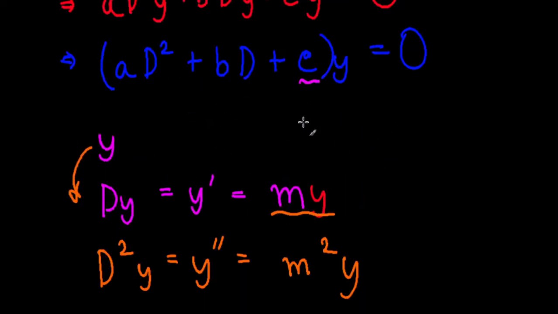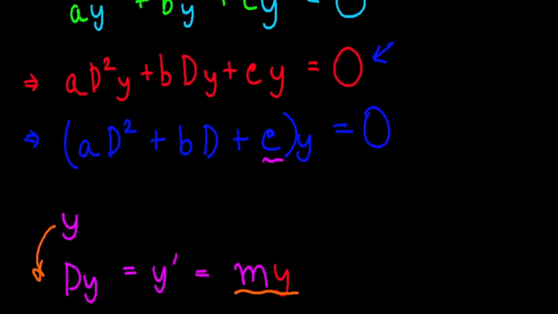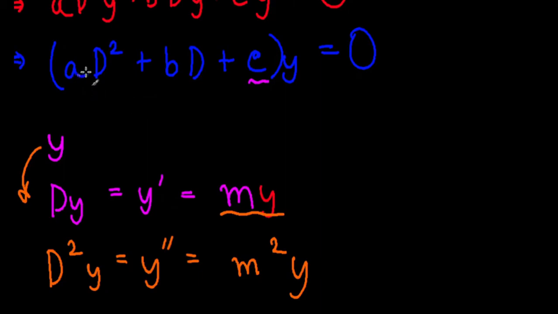The reason I'm interested in some function like this, why it seems convenient, is because if you plug this in here, what you are going to get is something like this. So I'll write it on the right side. You have a multiplied by your second derivative. But this is actually one advantage of the notation.